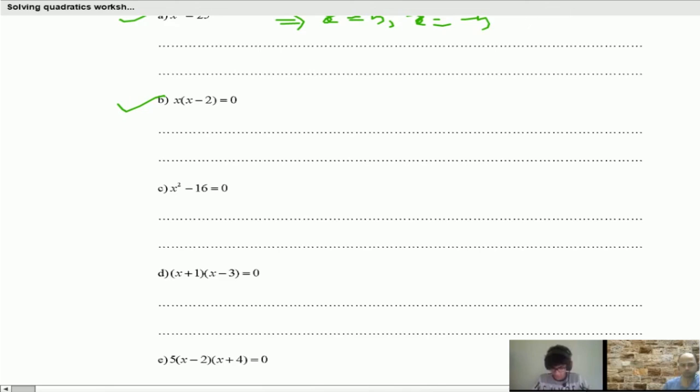I don't think I'm getting the right answer. So we would have to break it into brackets. So first we simplify it.